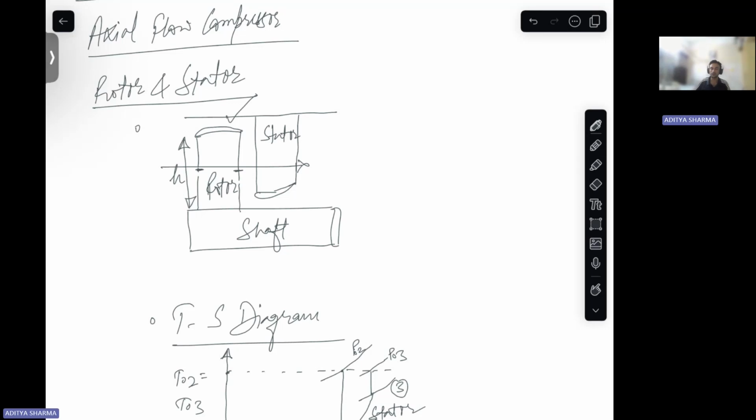But what happens is that along the whole height of the blade, the axial velocity CA does not remain the same.